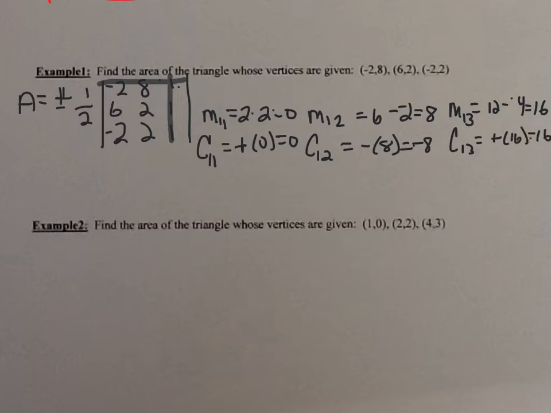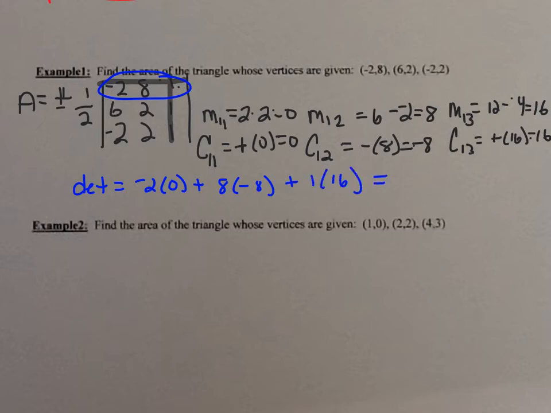All right, so now I'm going to find my determinant. So this was my constant row here, negative 2, 8, and 1. So my determinant is going to be negative 2 times my cofactor, which is 0, plus 8 times my cofactor, which is negative 8, plus 1 times my cofactor, which is 16.